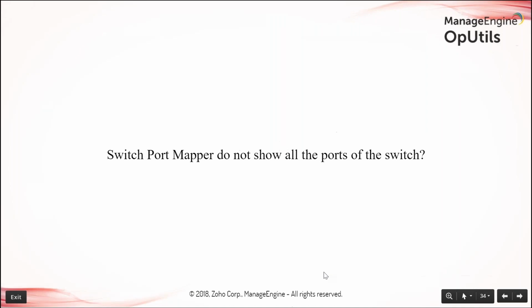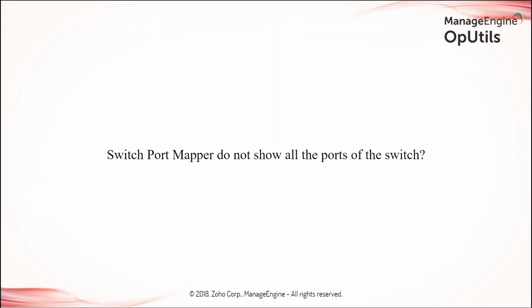The next question is, Switchport Mapper does not show all the ports of the switch. When you add a switch into OpUtils using SNMP, the switch should respond for the bridge MIB, and it will list out the MAC addresses which get resolved based on the output response we get from the respective switches.